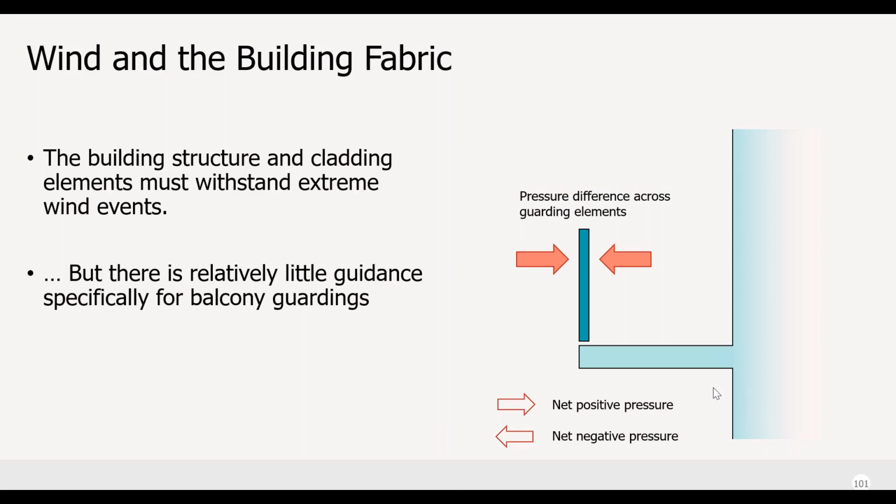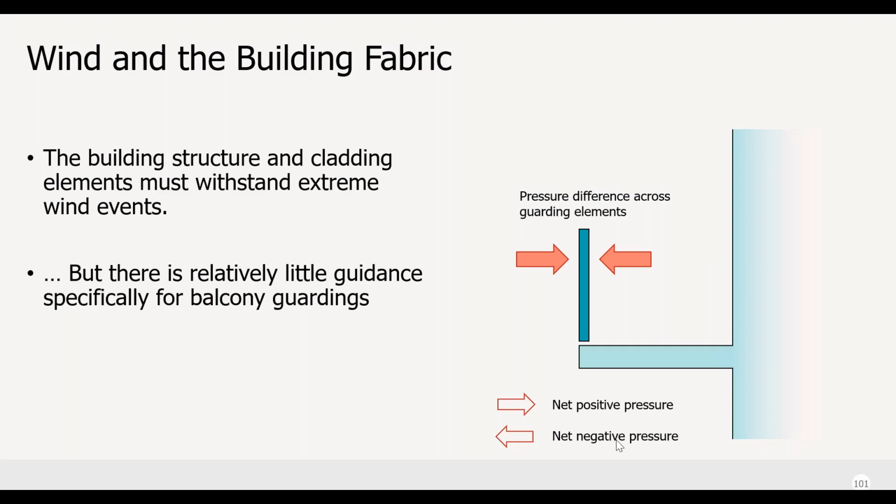So one of the important effects that we need to consider is obviously the wind's impact on the structure and cladding of the building. This is a topic that is covered to some extent in the Eurocode on wind actions and the associated national annex. But it doesn't have an awful lot to say about balconies and terraces or balcony guardings.